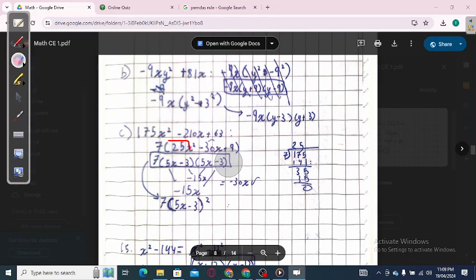Okay, so that method does not work. What you will have to do is use trial and error here. The way you use trial and error: the factors of this number, sorry, like 5 and 5, or 25 and 1, and negative 3 and 3, or whatever.